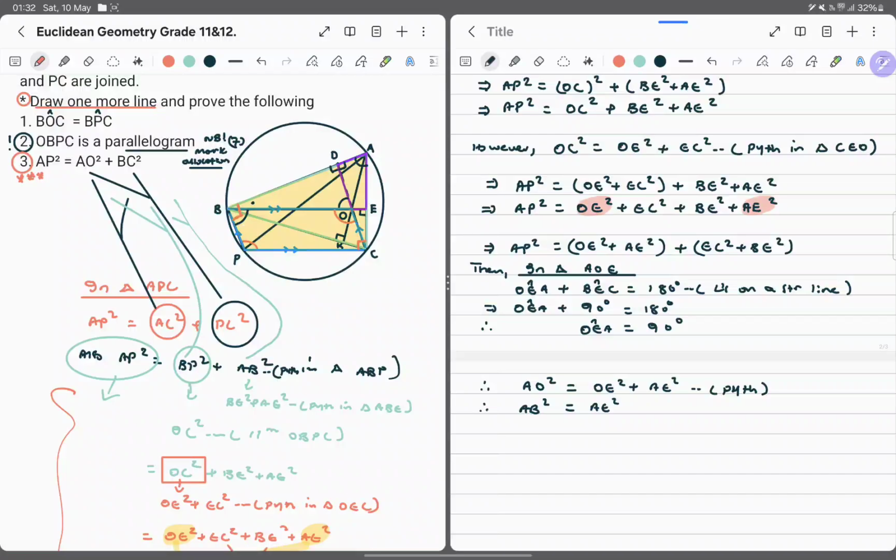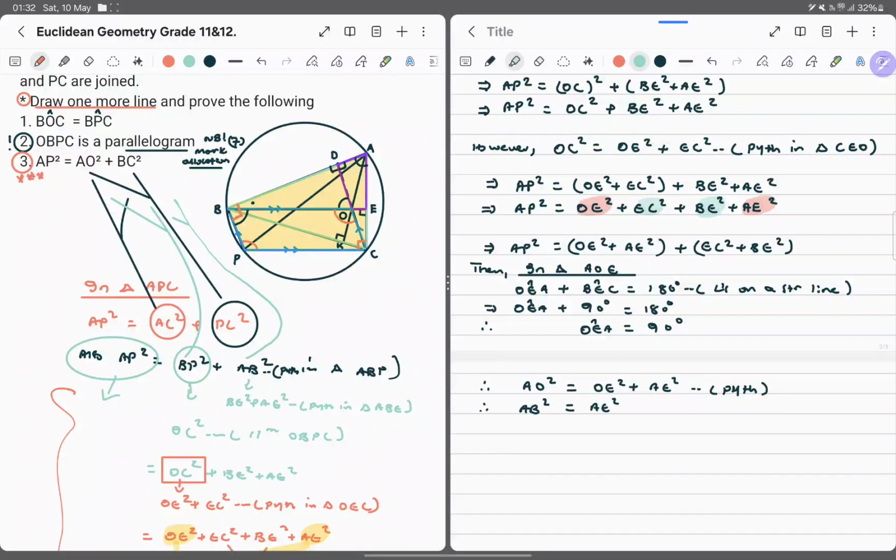Something is not right. Something is not right because EC squared. Oh, yeah. And BE squared. They give me this BC. So that's what I want. So why am I bringing the AB again?